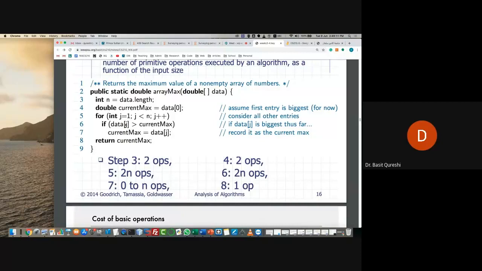If it is false, we will not go there. Can we estimate how many times we are going to get over here? No, because it depends if it goes through or not. We do not know what the data is. We do not know what the current max is. We don't have this information.